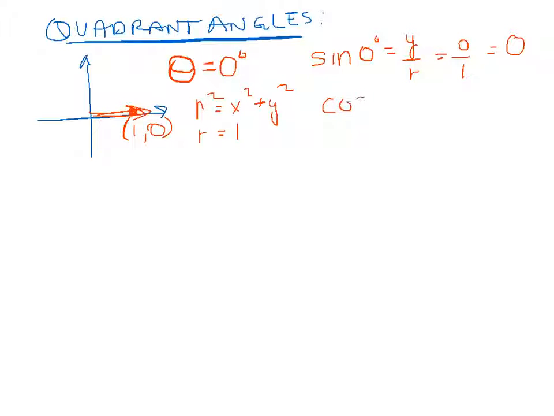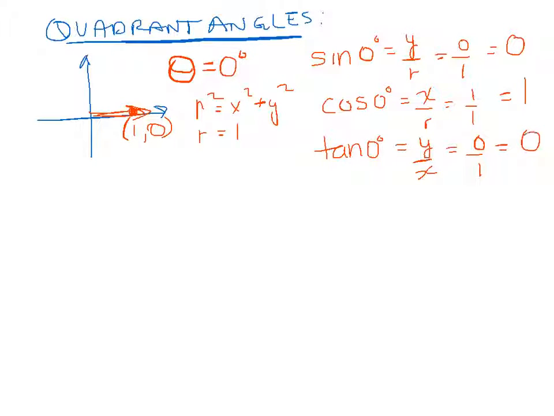The cosine of 0 degrees is x over r, 1 over 1, which is 1. Then the tangent of 0 degrees is y over x, 0 over 1, which is 0. And I've done sine, cosine, tangent for 0 degrees.